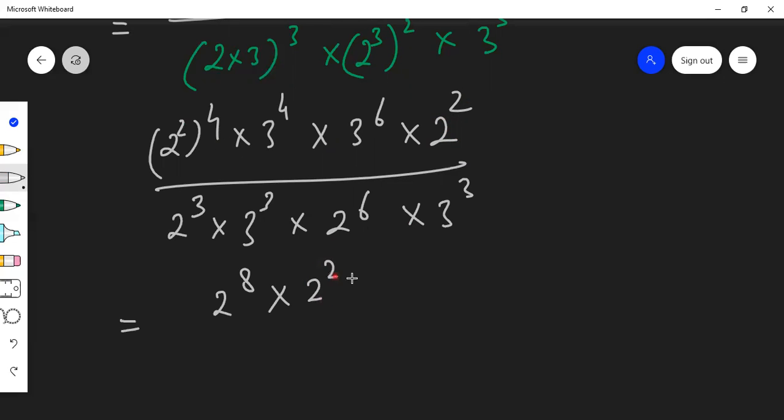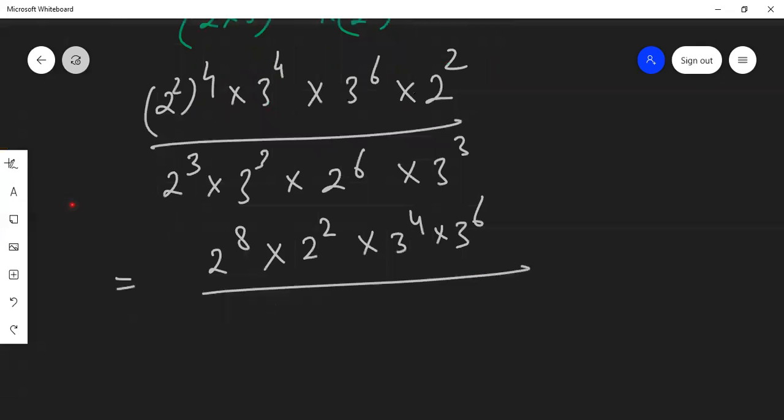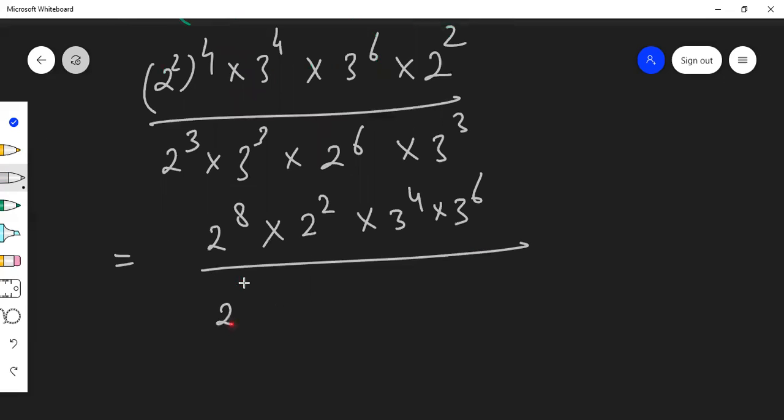So 2 to power 2 and into 3 to power 4 and 3 to power 6. We simply rearrange the numbers in the numerator. We would also like to rearrange the numbers in the denominator. So we can write 2 to power 3 into 2 to power 6 into 3 to power 3 into 3 to power 3. Let's see what we get next.